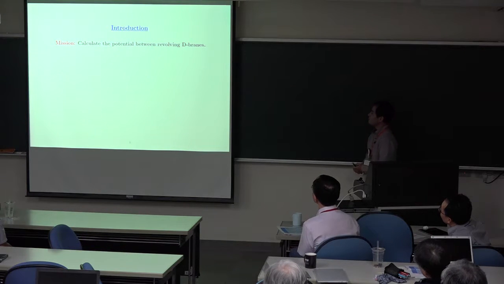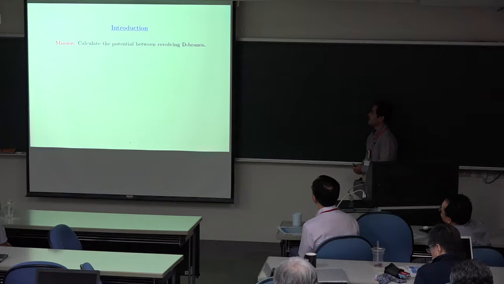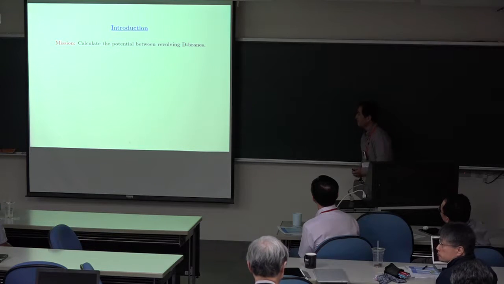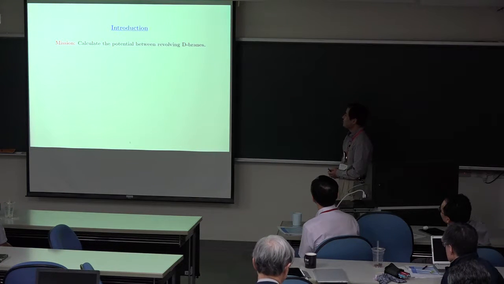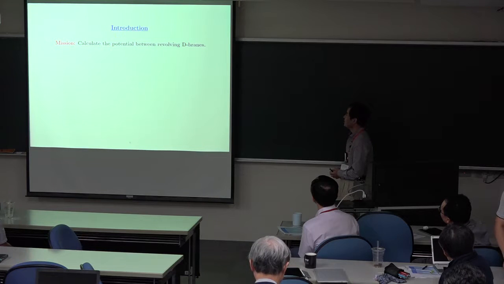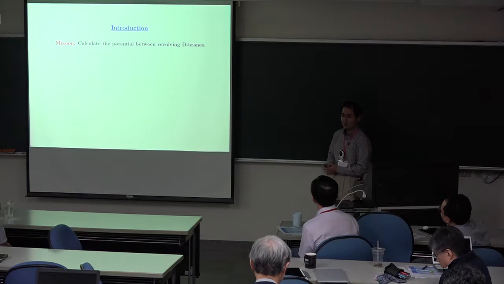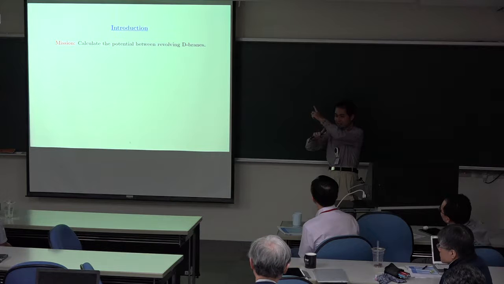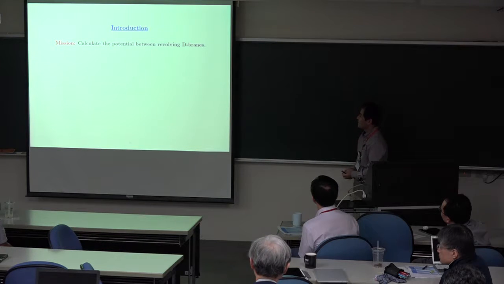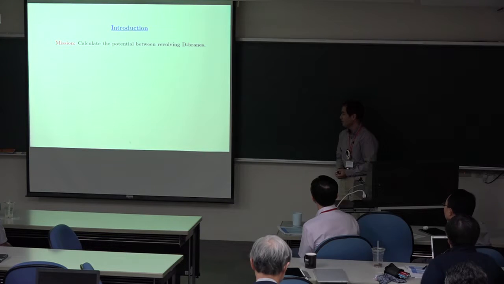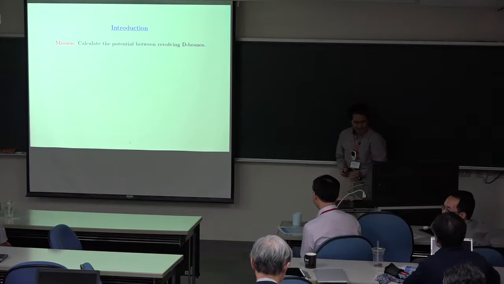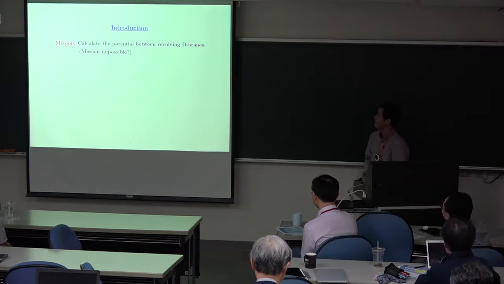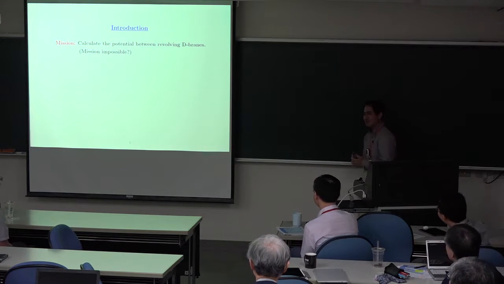One of the missions of our project is to calculate the effective potential between revolving D-Branes, moving like this. Actually, when I got this mission from Iso-san, honestly speaking, I thought this is impossible. It's too difficult.